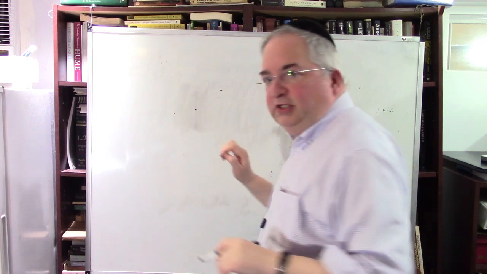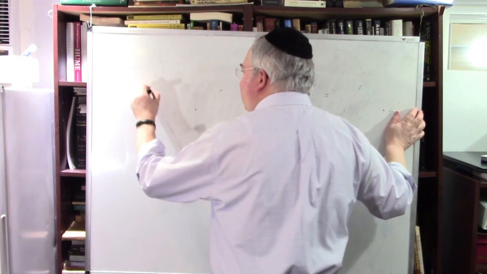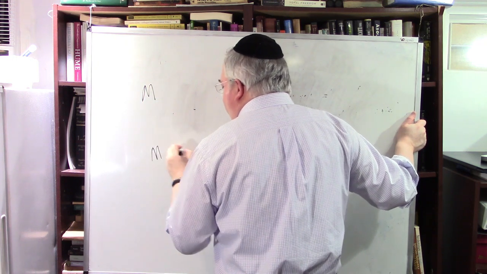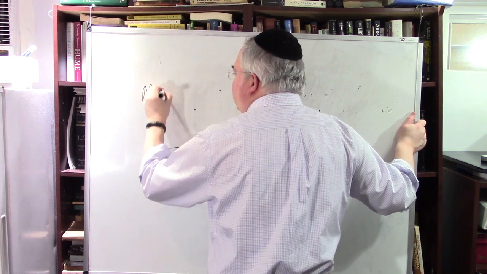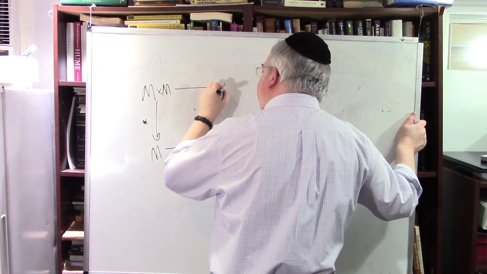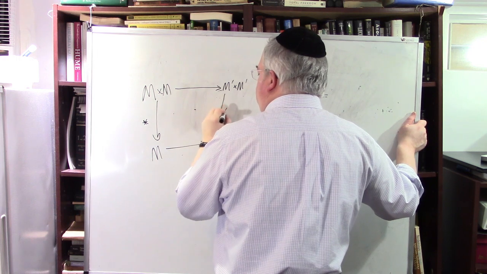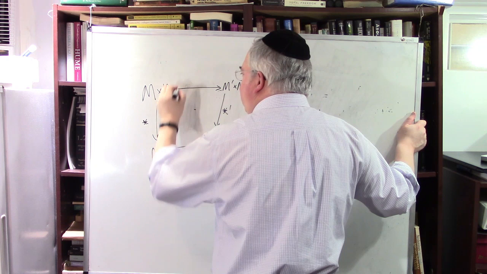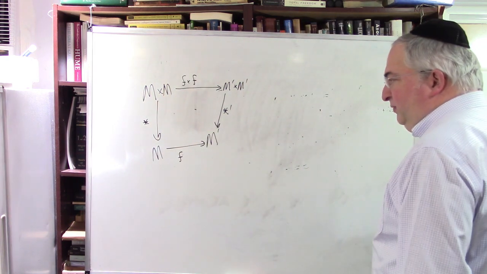Okay, so for a monoid, what does it mean for a map to be a homomorphism? And again, I'm drawing this picture only because it's going to show up over and over again, or variations of it. Well, what is a monoid homomorphism? It's a map from here to here, such that this is F, a map from here to here, this is F cross F. Okay, let's see what this means.